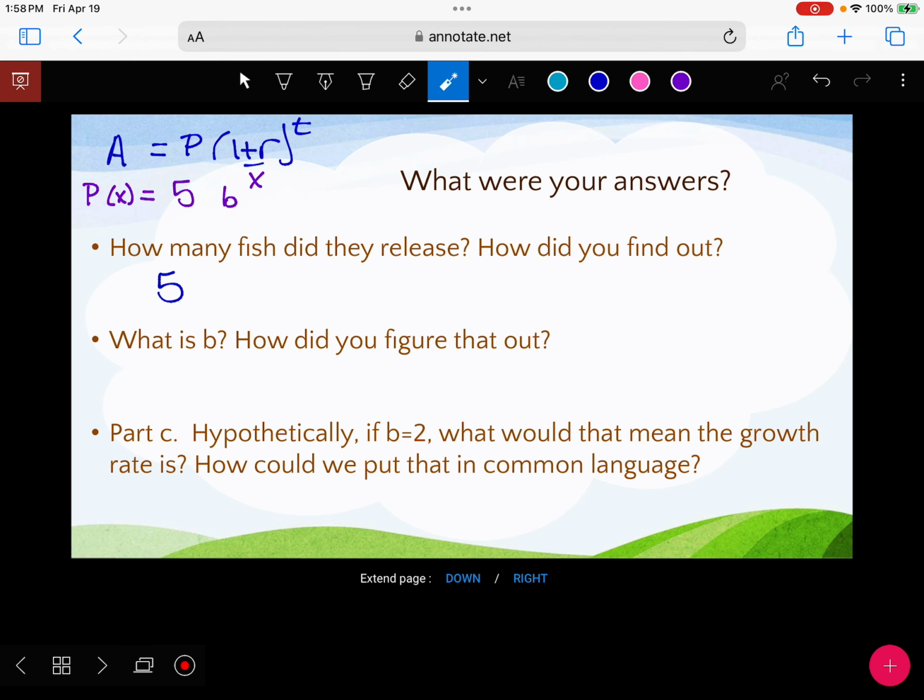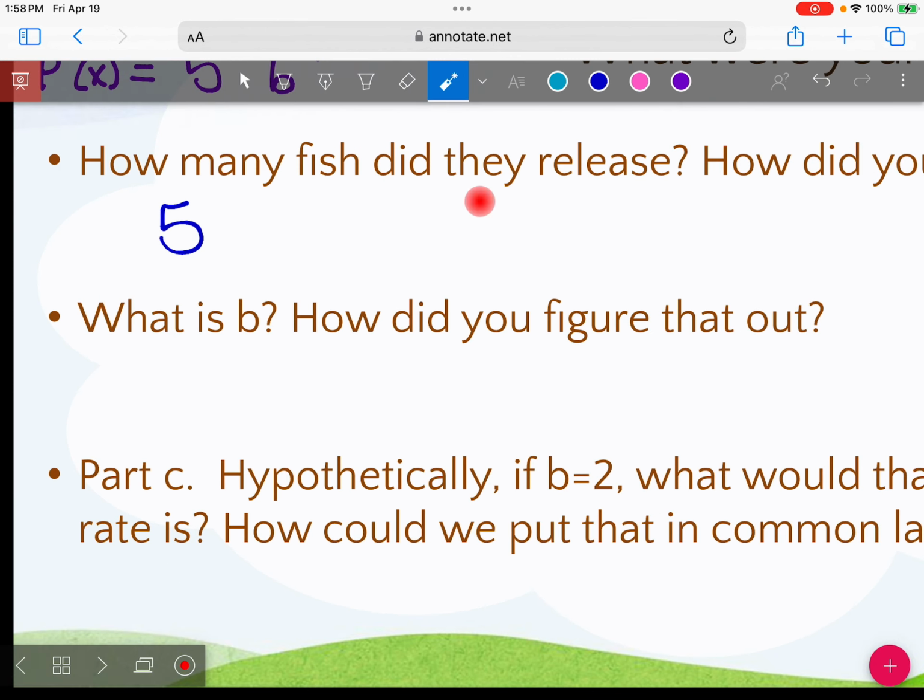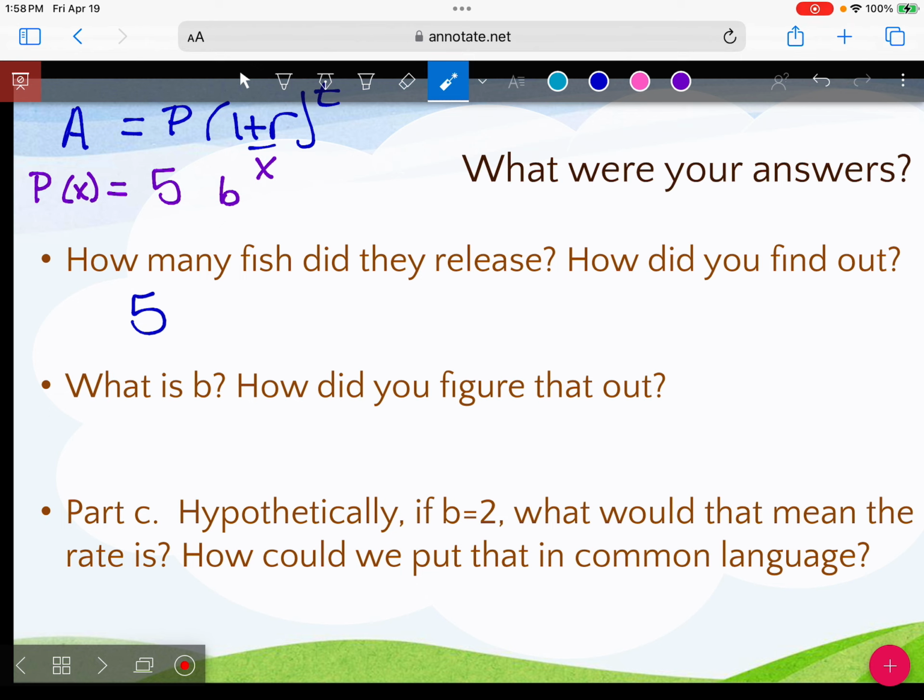So part B, they told us that after 8 weeks, there were 33 fish. So what is our base? What would this piece be?